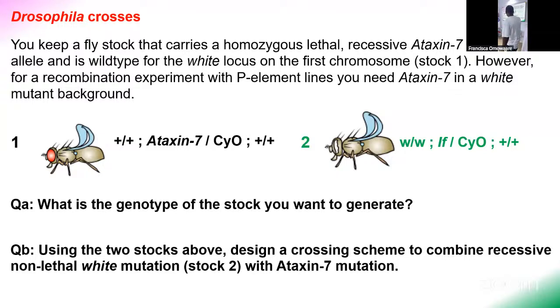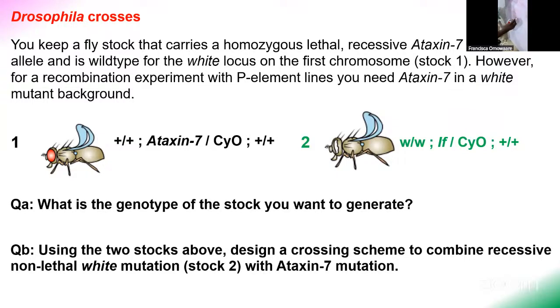Now, how would you do that? We know now that you need females from here and you need males from there, right? So now we're going to write that out. We need males from the ataxin stock. So males, that's going to be plus over plus. I'm going to shorten ataxin to ATX over curly, and we do need to write the third chromosome because that's wild type.